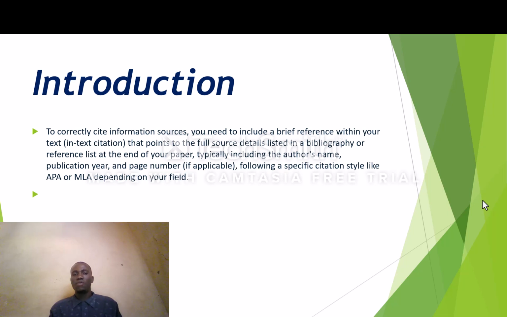It points to full source details listed in the bibliography or the reference list at the end of your paper, which typically include the author's name, the publication year, and the page number if applicable, following a specific citation style like APA or MLA, depending on your favorite.